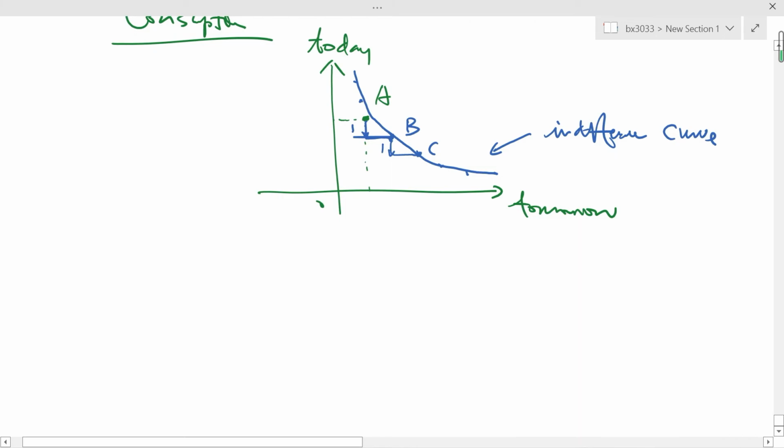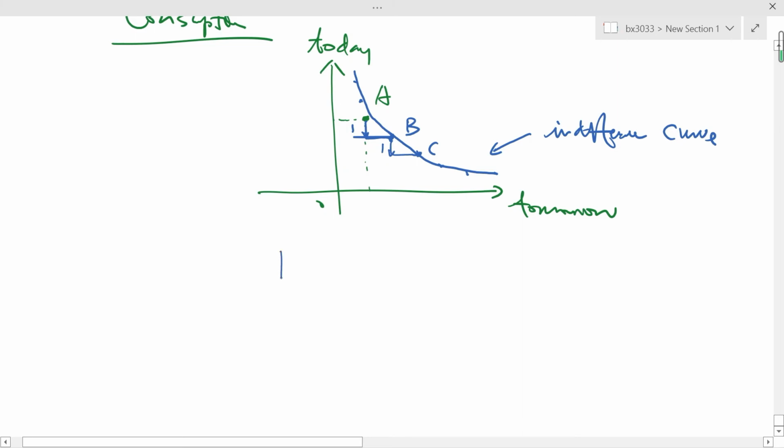One piece of very important information embodied in this indifference curve is, if I defer today's consumption into tomorrow, say by 1 unit, how many extra units should I be compensated so that I will be just as happy as before? And this implies a kind of rate of return, and we can use this as the discount rate.